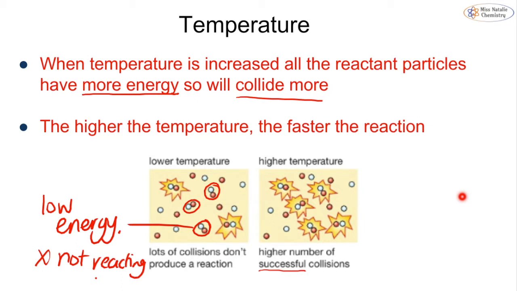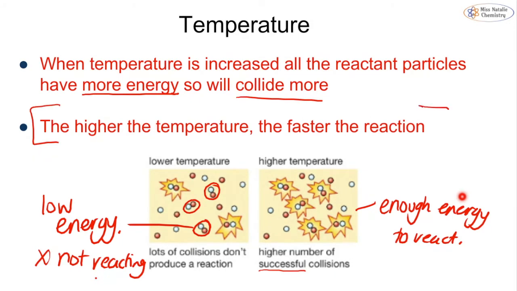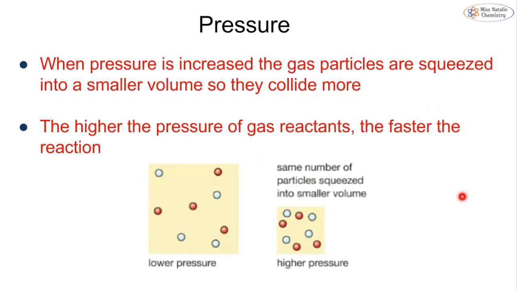When we have a higher energy at a higher temperature, we're going to get a higher number of successful collisions. So these have enough energy to react. So the key terms that we have to know are the higher the temperature, the faster the reaction.